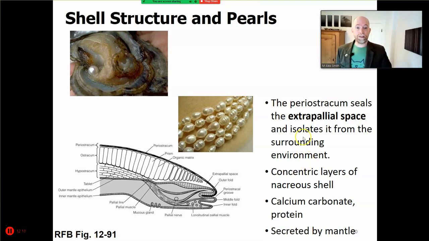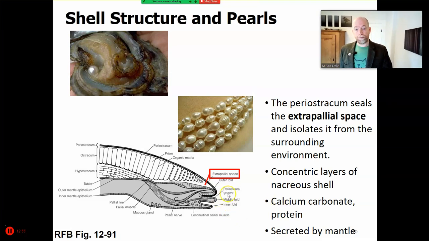The periostracum seals off that extrapallial space and isolates it, and that's in fact where, if there are tiny little bits of sand or other material that gets in there, the mantle layer that is secreting the shell will try to secrete material around that irritant, and that nacreous layer that it lays down, year after year after year, can become these pearls. So there's that extrapallial space.